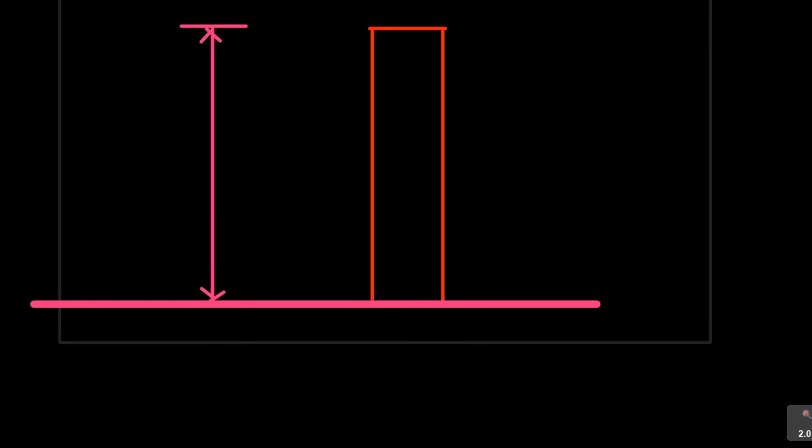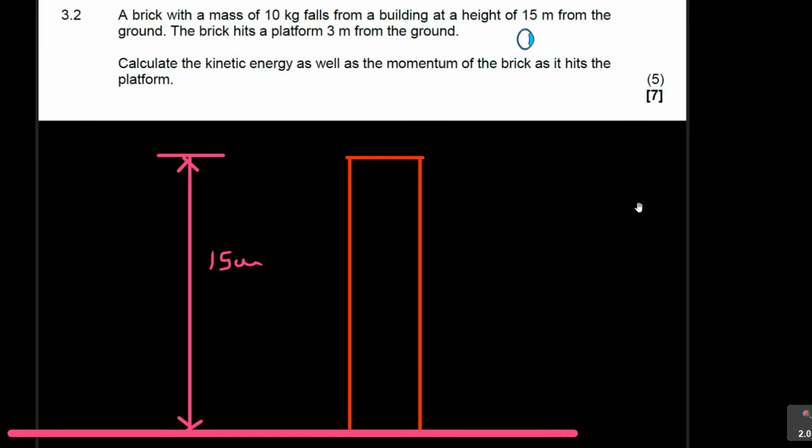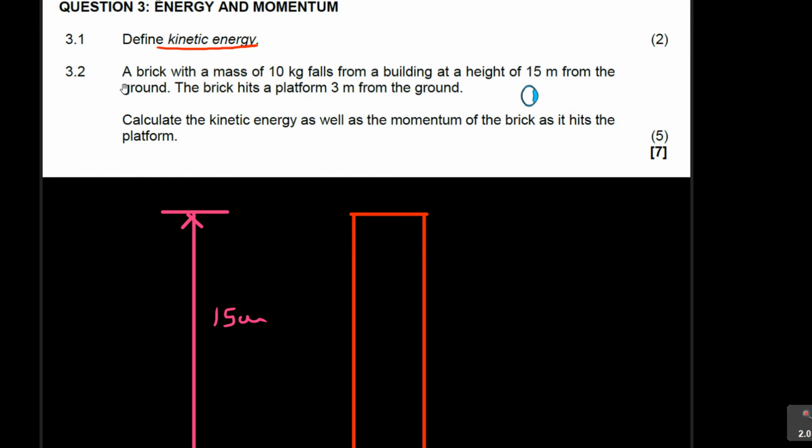I just want to try to make it fast. 15 meters is the height of this building, and then they are telling us about a brick with a mass of 10 kilograms. So let's say this was the brick here. See, there is our brick.